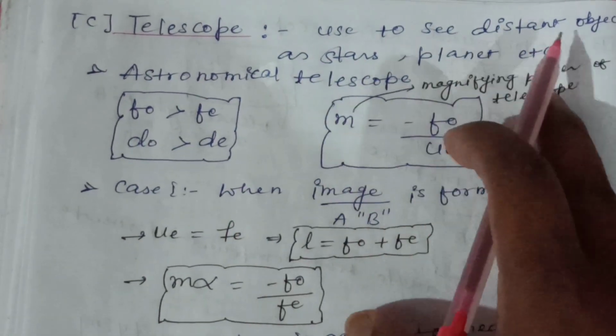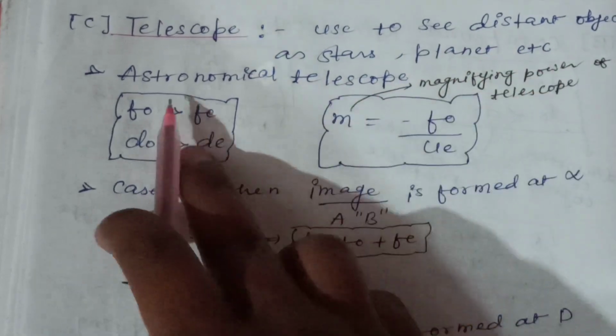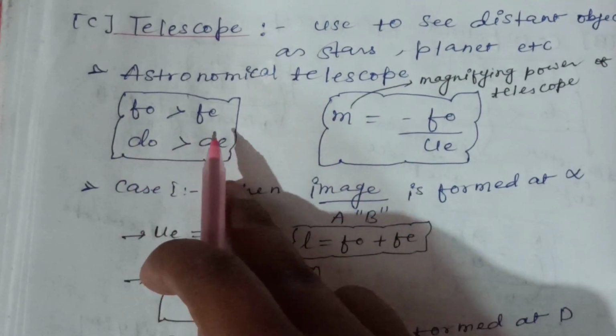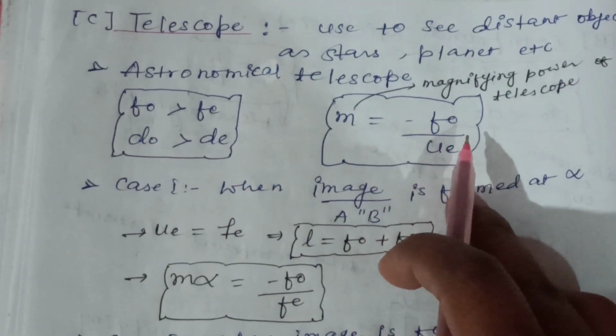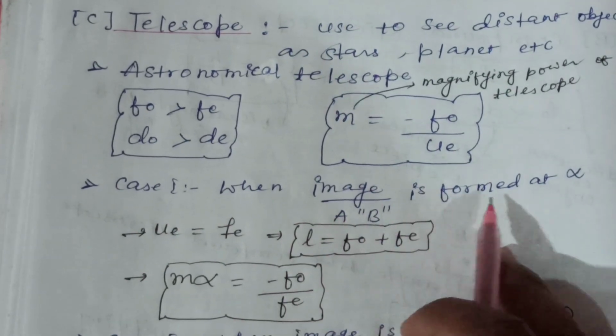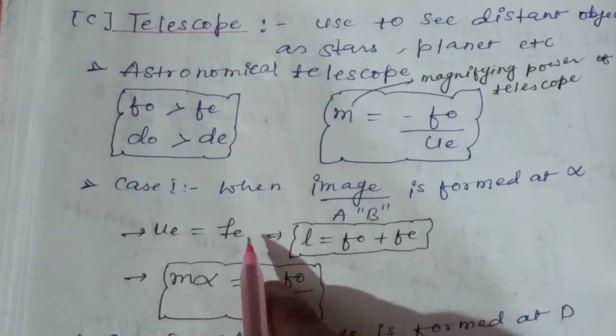Telescope is used to see distant objects such as stars and planets. It is an astronomical telescope. F naught is greater than Fe, D naught is greater than DE. M is equal to minus f naught upon u e. Case 1: when the image is formed at infinity, u e is equal to f e.